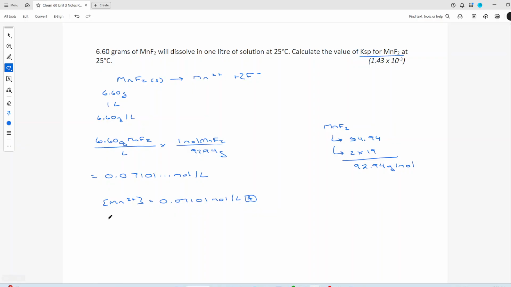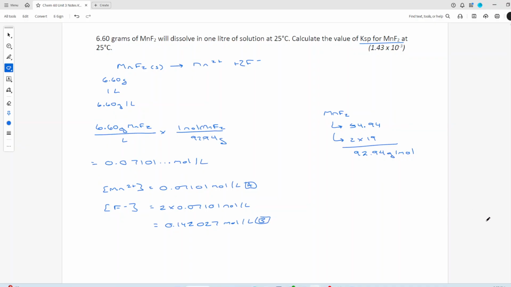And then we would do the same thing for the fluoride, but it's going to be 2 times that answer. So I'm going to take this and I'm going to store it as A, and then I'm going to times it by 2, and I end up with 0.142027 moles per liter, and I'm going to store this as B.